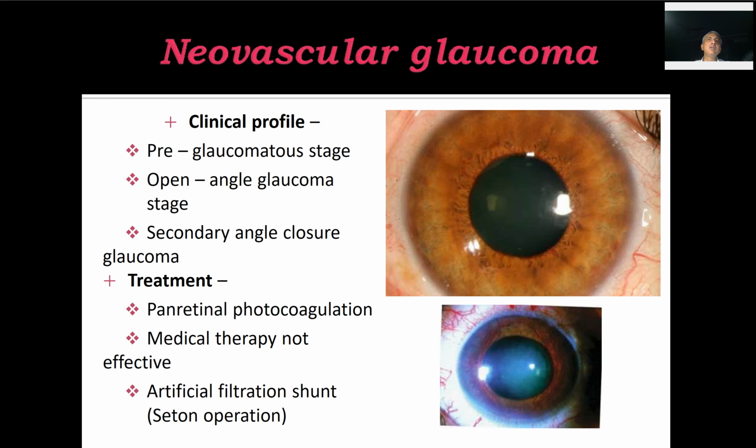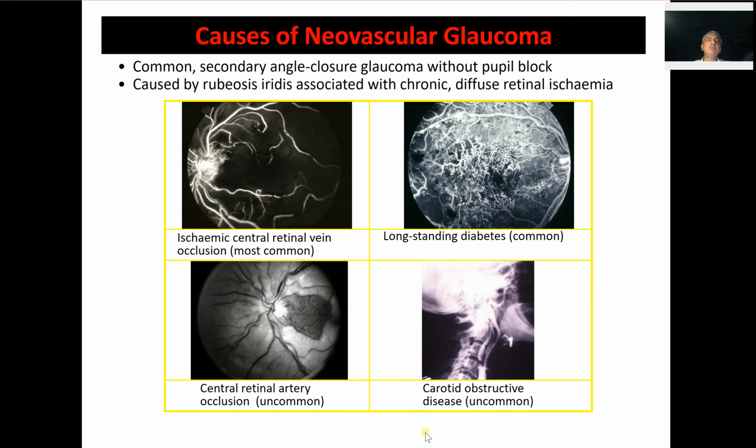The treatment is pan-retinal photocoagulation. So you are going to treat the retinal pathology where the VEGF, or vascular endothelial growth factor, is coming from, and medical therapy is usually not effective, and an artificial filtration shunt or Aciton operation is needed. Here you can see neovascularization abundantly present on the surface of the iris. So causes are ischemic central retinal vein occlusion.